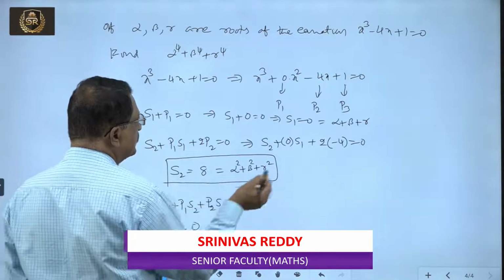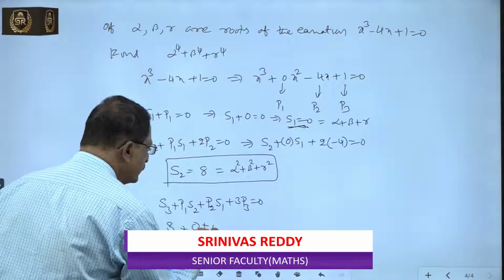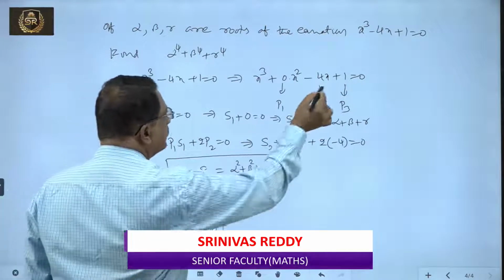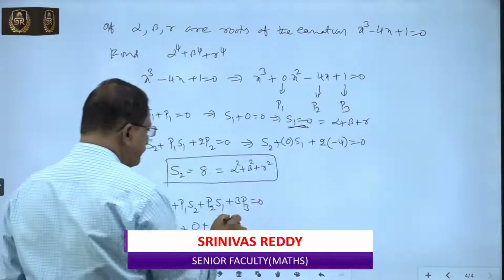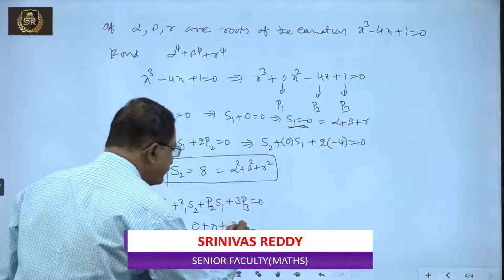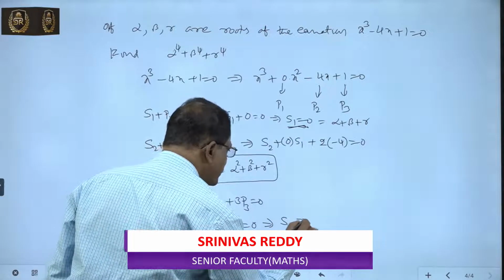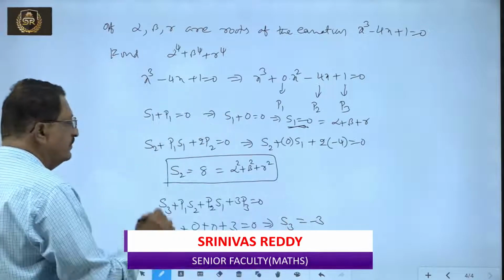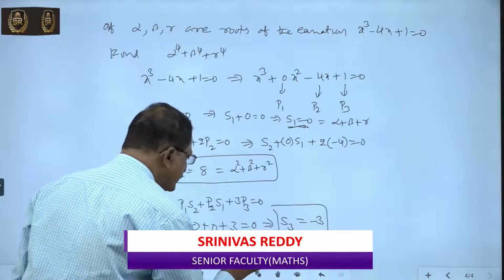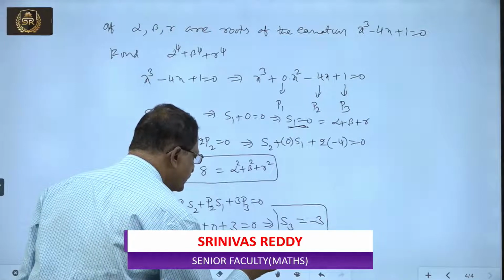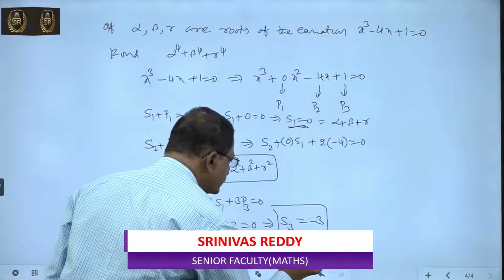Next P2 S1, S1 is also 0, so 0, plus 3P3, P3 is 1, so 3P3 equals 3. This implies S3 equals minus 3. The value of S3 equals minus 3, which is nothing but alpha cube plus beta cube plus gamma cube equals minus 3.